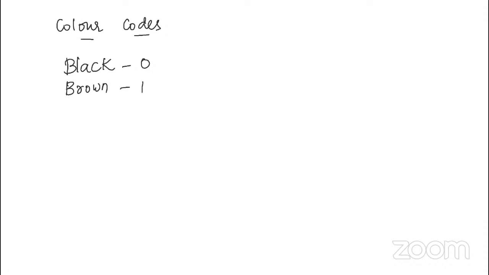Okay, so write down the color codes. So first one, that is black. Black it is 0. Next one, brown. It is 1.